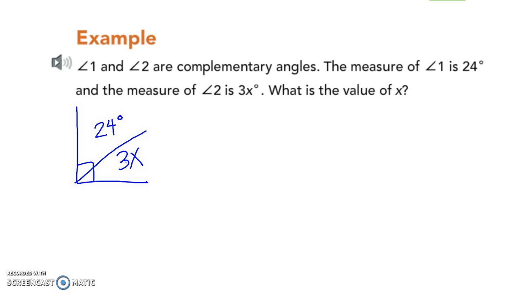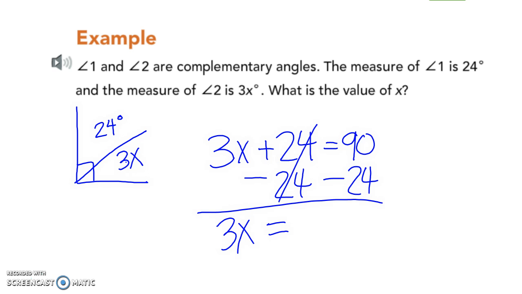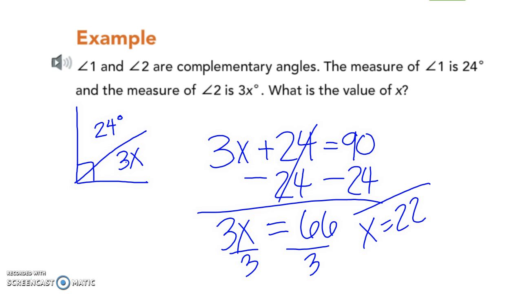So what is the value of x? I would say 3x plus 24 equals 90. Subtract 24. That would equal what? 66. So then divide by 3. X equals 22. Okay? X equals 22. They may ask you to plug that in to find the measure of angle 2 then. We would just multiply that times 3.